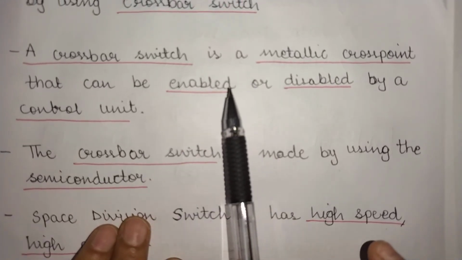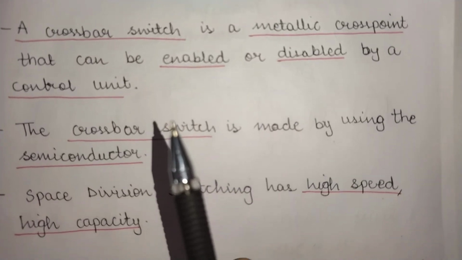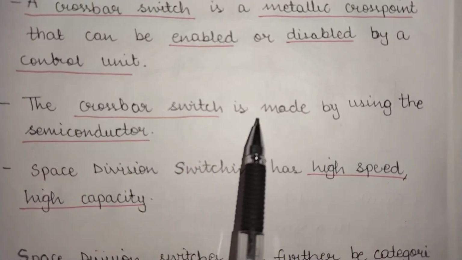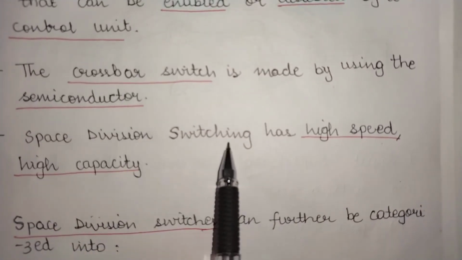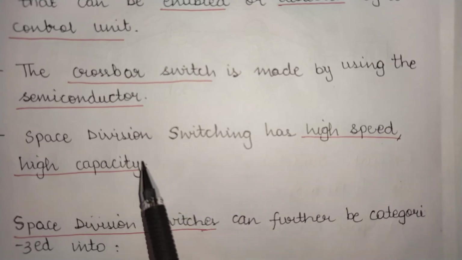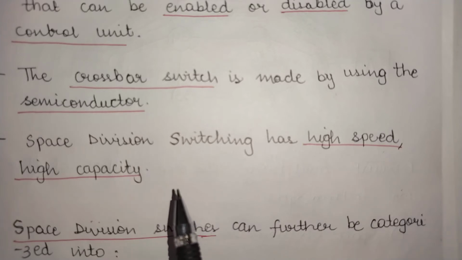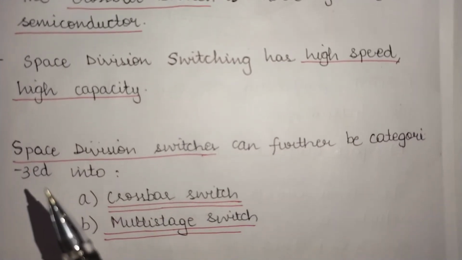The crossbar switch is made using a semiconductor material, and space division switching has high speed and high capacity. This is the advantage of space division switching, which uses crossbar switches, that it has a very high speed and a high capacity.